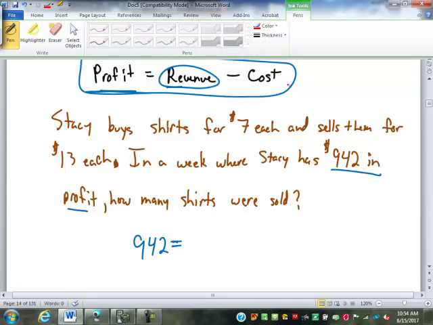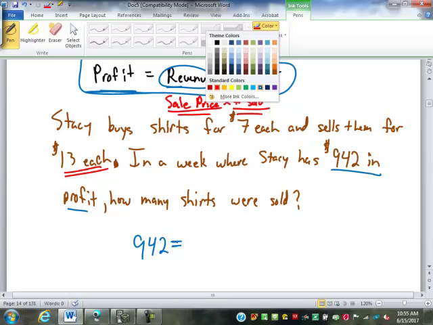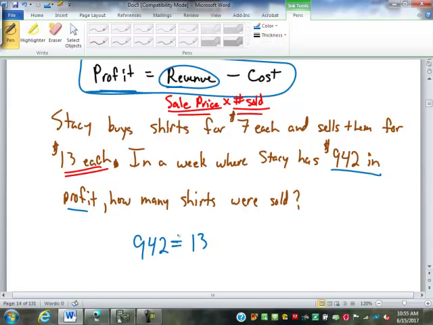Revenue is the sale price times the number sold. Do we know either of those pieces of information? The sale price, which is $13. We don't know the number sold. We're trying to find out how many were sold. So we're going to let the number sold be x.